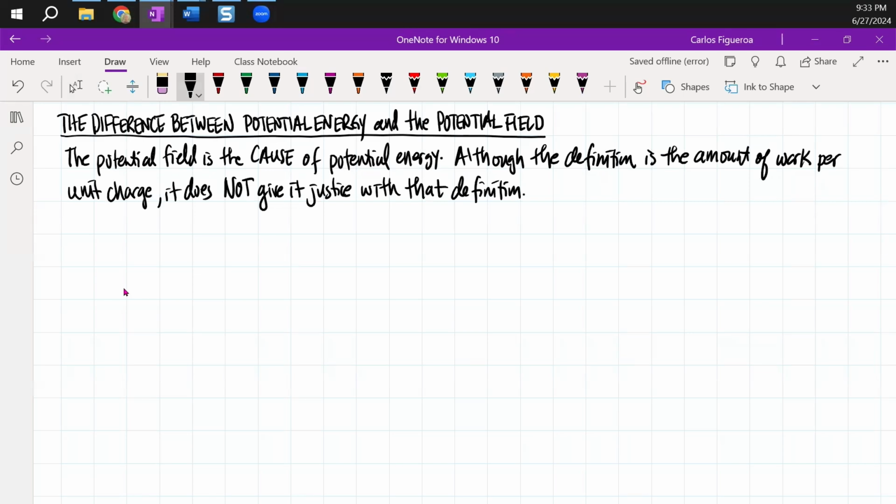There's a much deeper meaning, and that's what we want to get at.